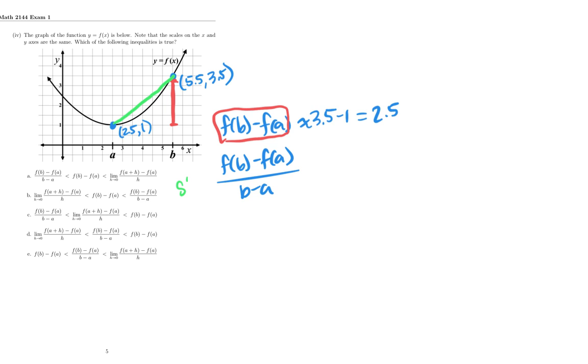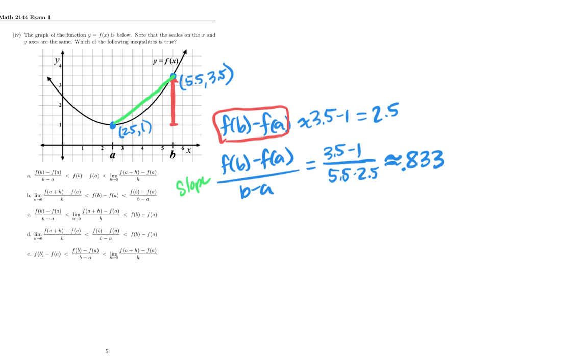So that's the slope of that green line. So I can compute that. It's about 3.5 minus 1 over 5.5 minus 2.5, which is, I don't know, let me get a calculator. When I plug that into my calculator, I get approximately 0.833, something like that. That's the slope of that line.